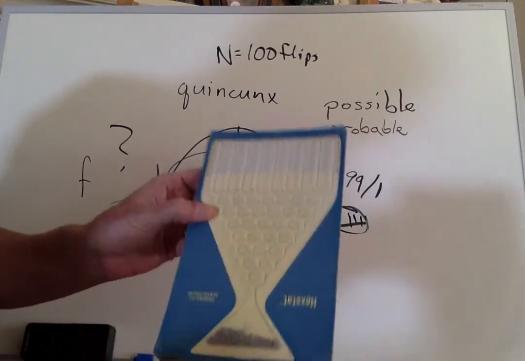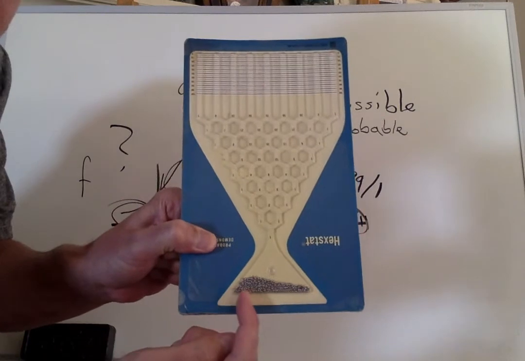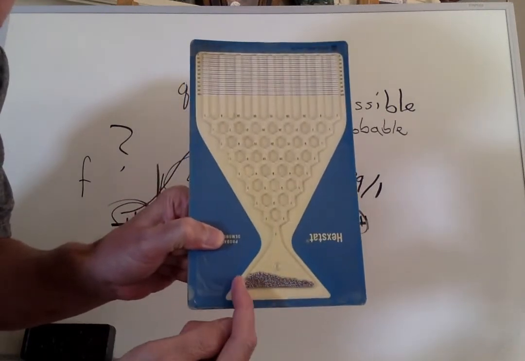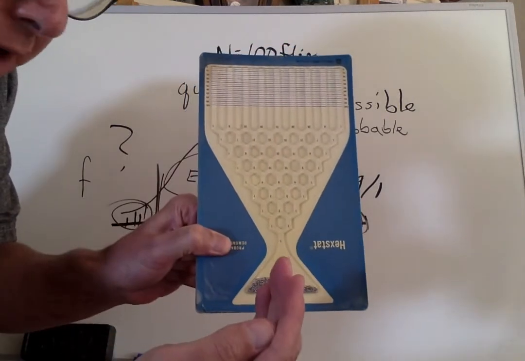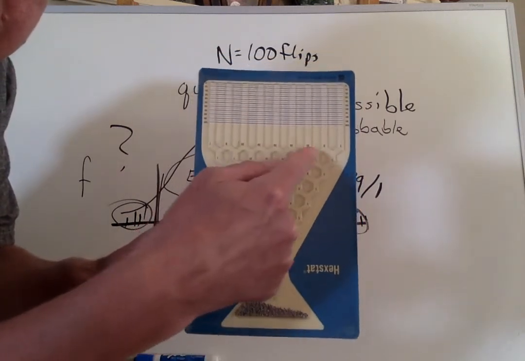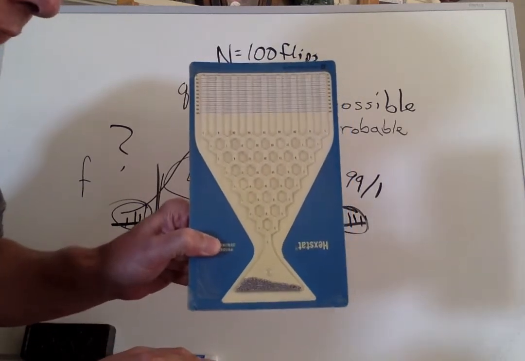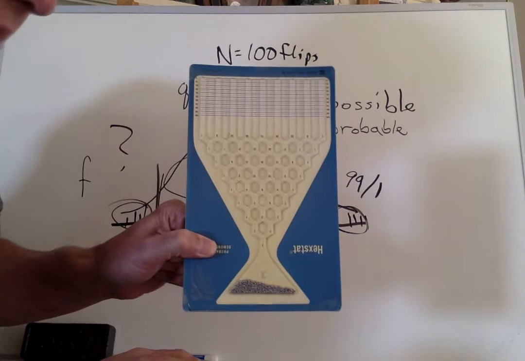And what I'm going to do here is there's 256 little ball bearings down here. I'm going to flip this upside down. The ball bearings are going to fall down through this array of blocks, and I'll show you what's happening there, okay? And we'll see something that's quite interesting here.